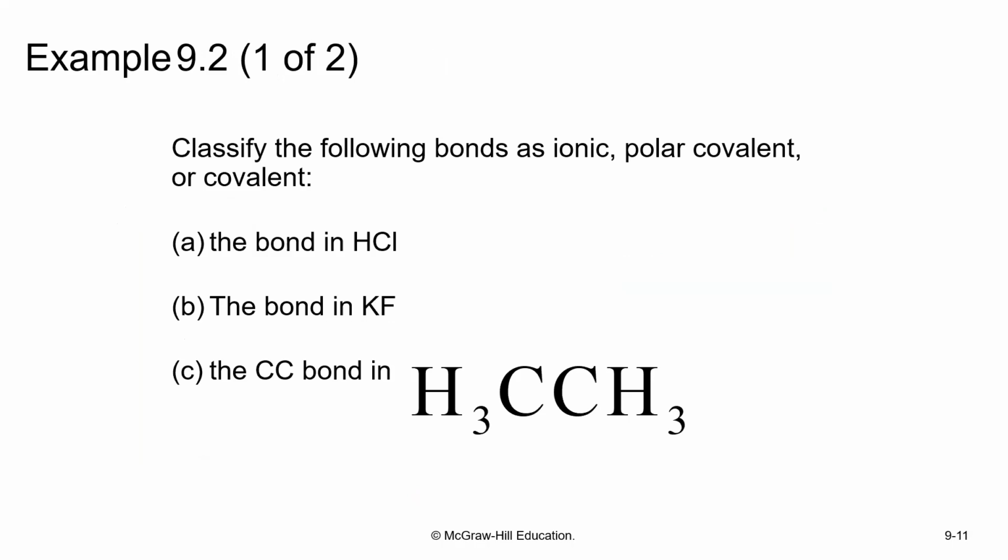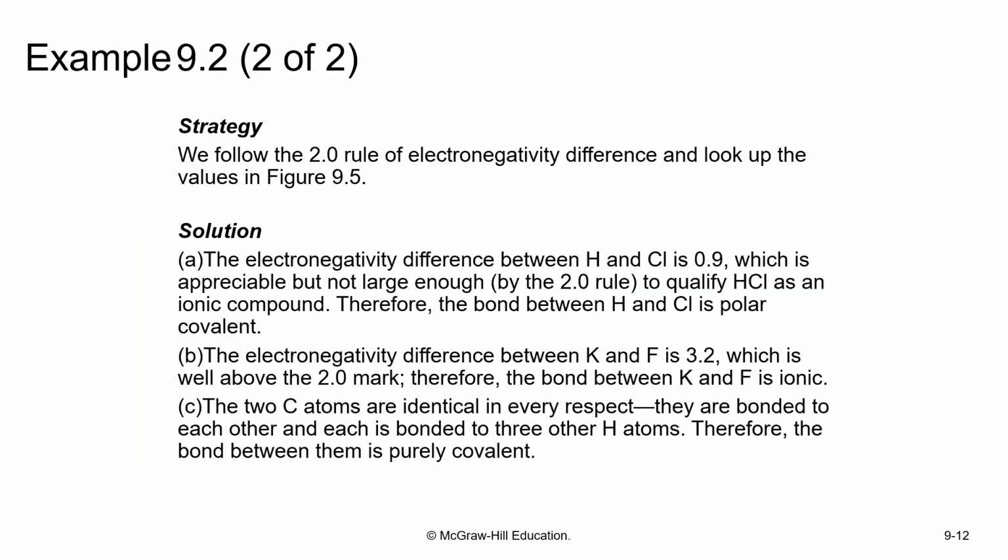So you should be able to classify these based on being able to draw the Lewis structures. So we know the trends. We know that chlorine is very electronegative. So HCl is polar covalent.